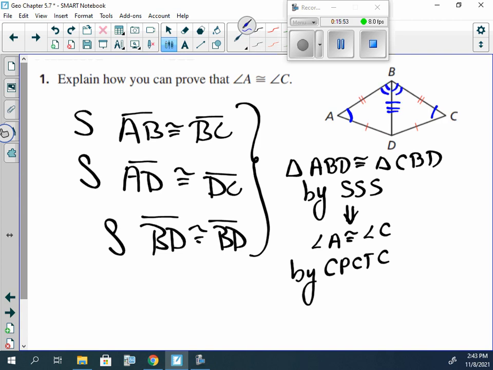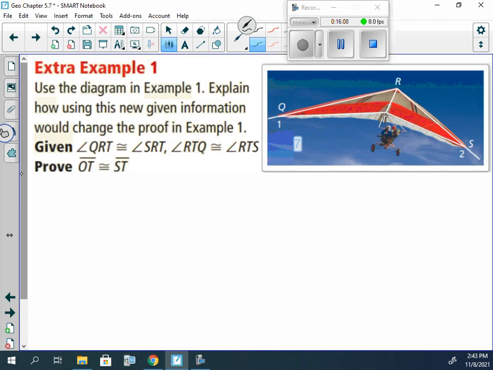The two are congruent, and these, because they all correspond to each other. Questions on this here? We still like this so far? Yes.